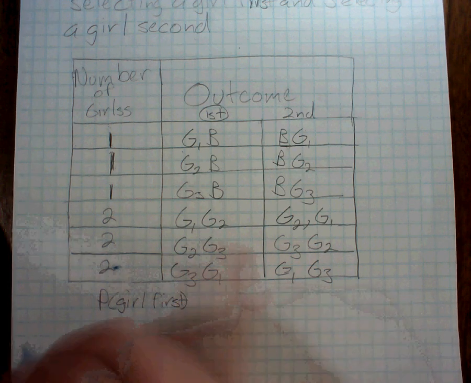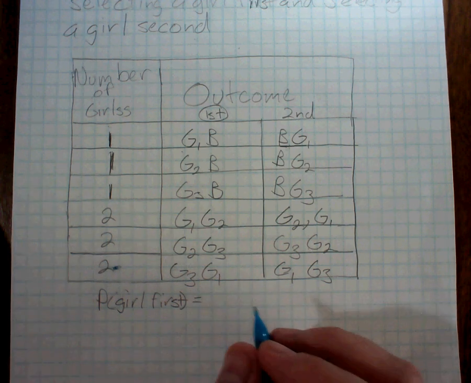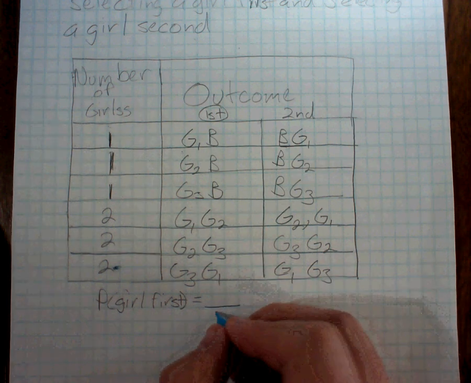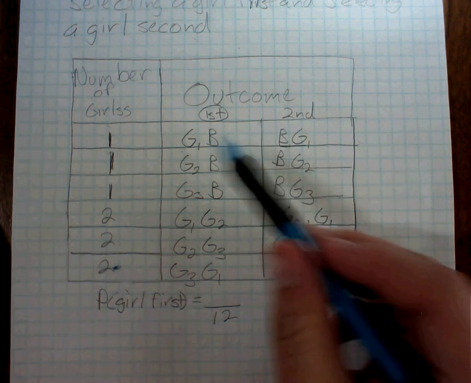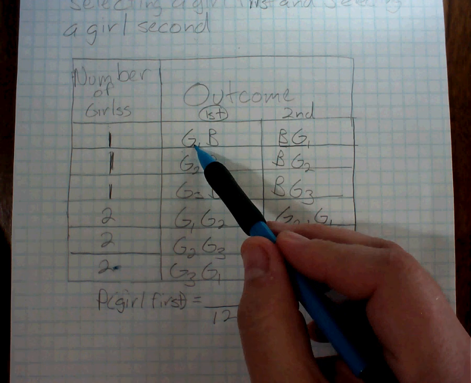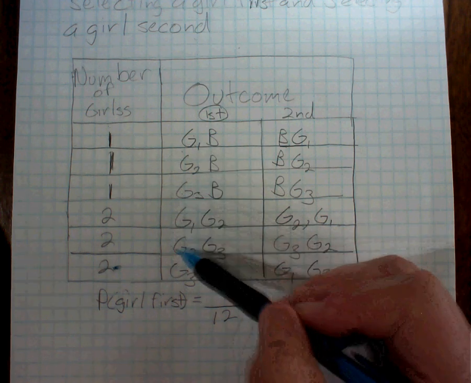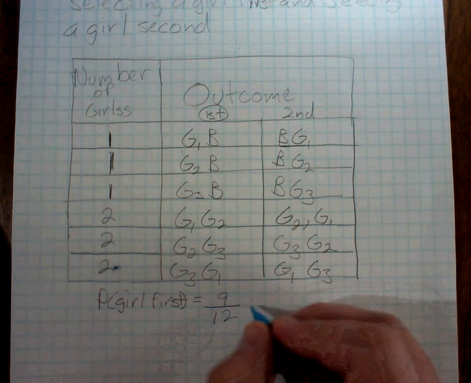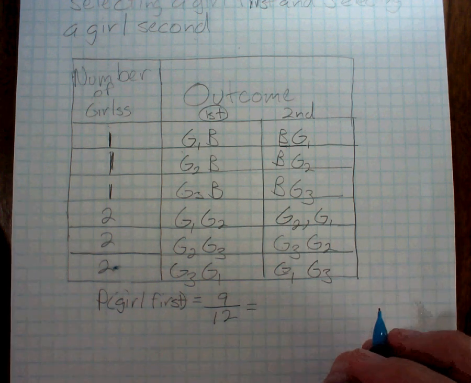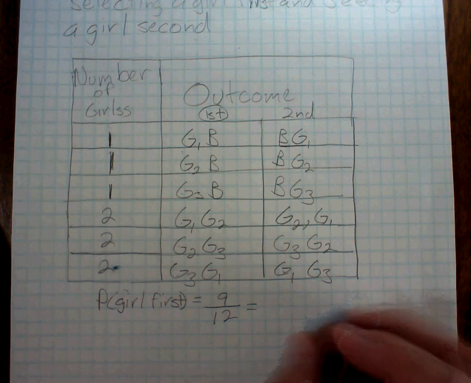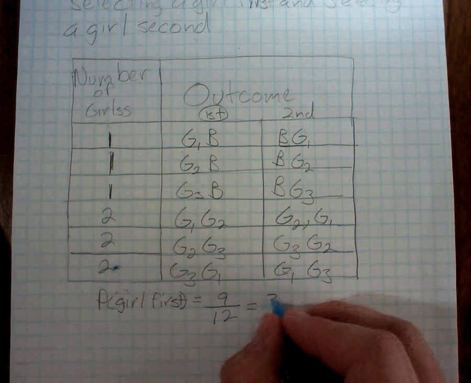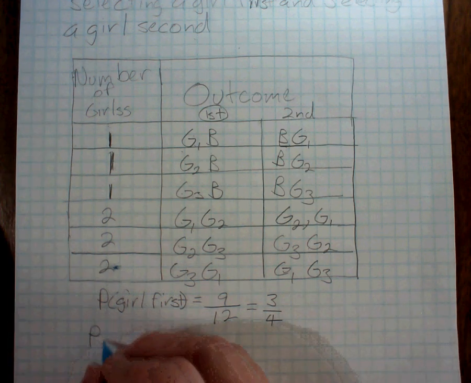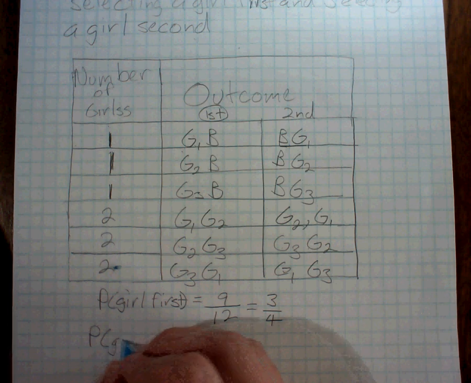To determine this probability, I have to know the total number of outcomes. So if I count all these up, I've got 12 outcomes total. And then I have to figure out how many have a girl first. So I've got 1, 2, 3, 4, 5, 6, 7, 8, 9. So 9 over 12 reduces down to 3/4.